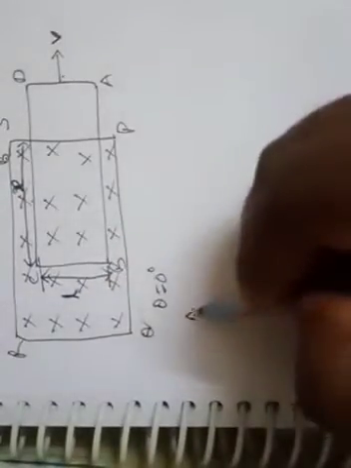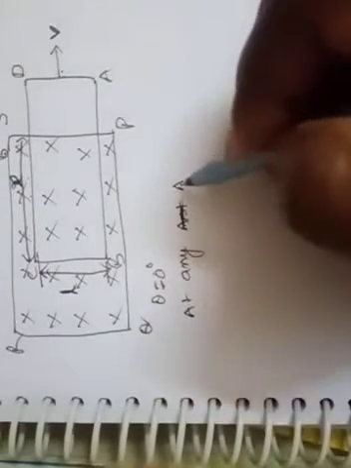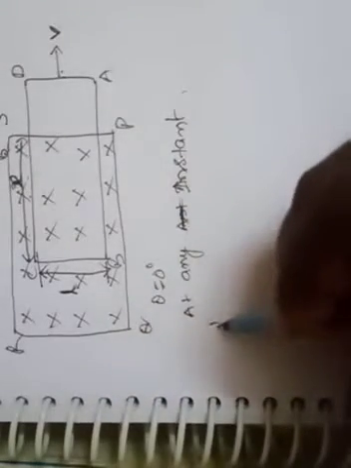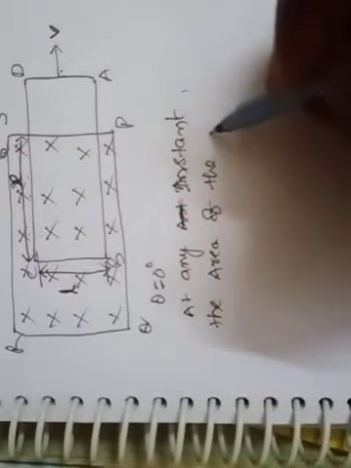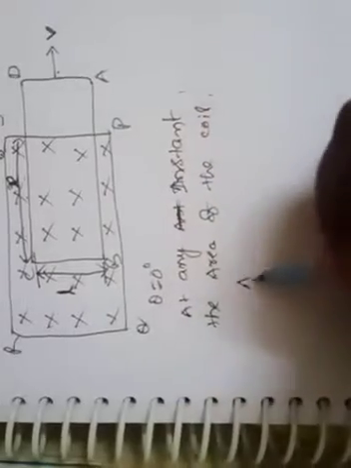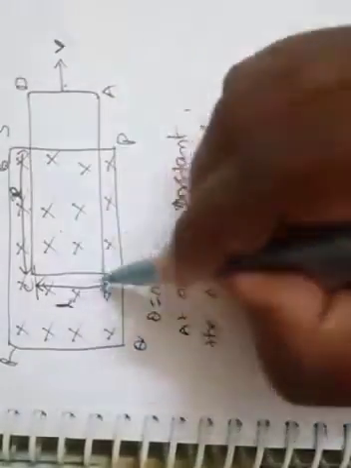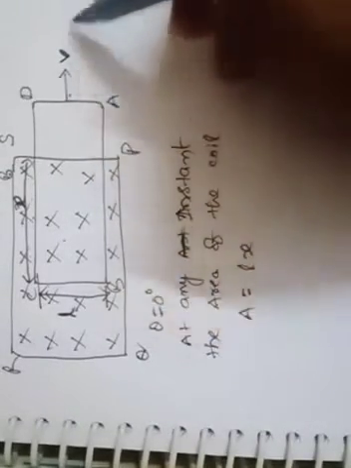So we'll take at any instant the area of the coil, A, is equal to L into X. So at any instant, this is the area of the coil, L into X. Now the coil is moving with certain velocity towards the right direction.